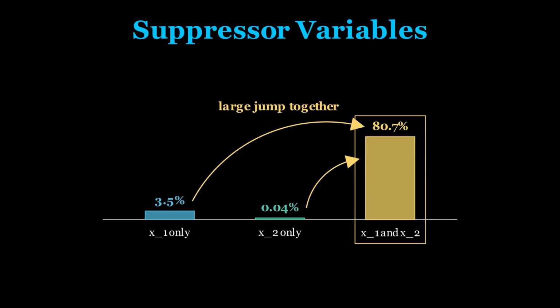This significant rise shows that, despite their high correlation, x1 and x2 complement each other and provide valuable, non-redundant information about y. When x2 is added to a model that already contains x1, x2 is the suppressor variable, as it dramatically increases r-squared. Likewise, when x1 is added to a model containing x2, x1 is the suppressor variable.